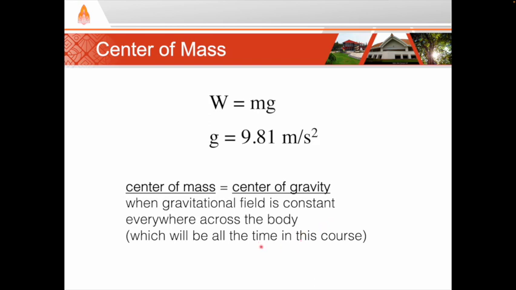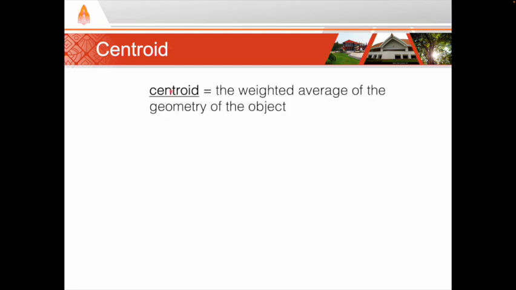The third and final term that we will learn is centroid. The centroid is the weighted average of the geometry of the object. We can do that for a line, for a two-dimensional cross-section, or a three-dimensional body. It's the middle of the object.